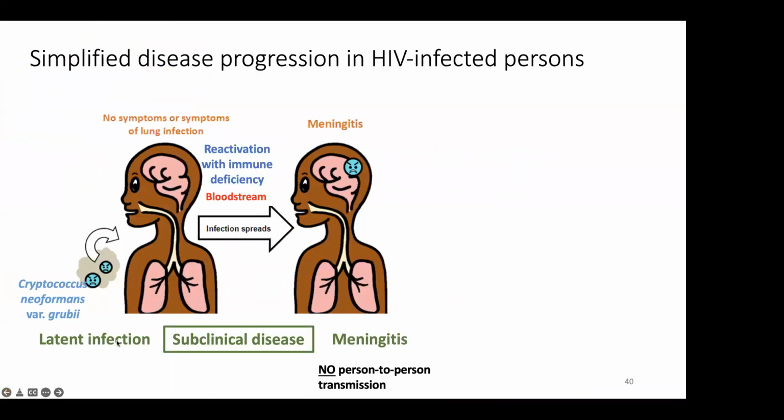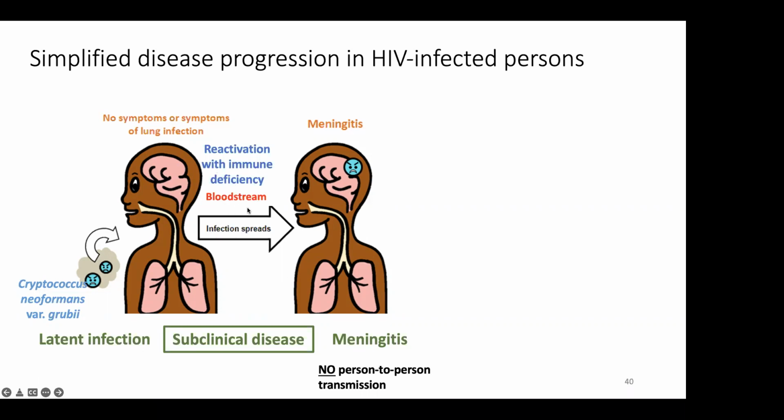At a high level, you have crypto, the different strains, you inhale it, then you have this latent infection lying dormant in your lungs, then it can reactivate later on, and you first have this subclinical disease where you have crypto being detected in your bloodstream. This is where we want to diagnose most of our patients, with a serum or blood crack antigen.